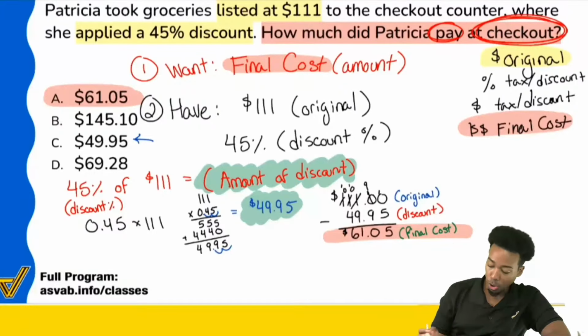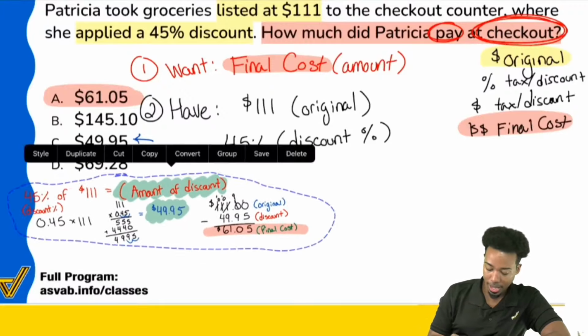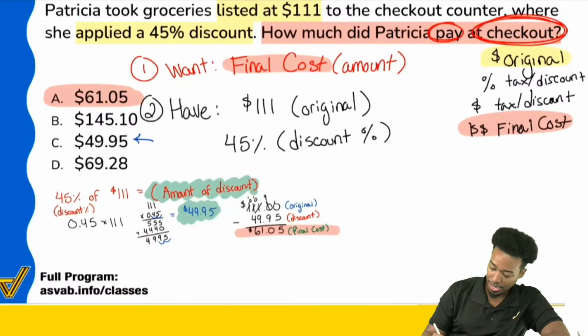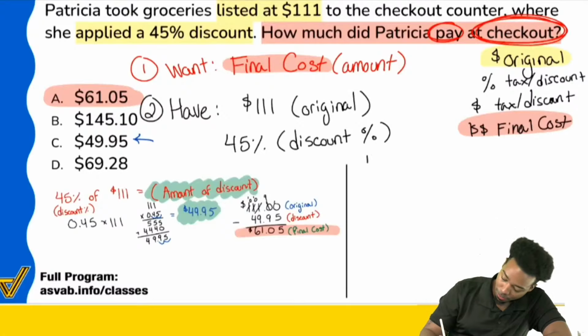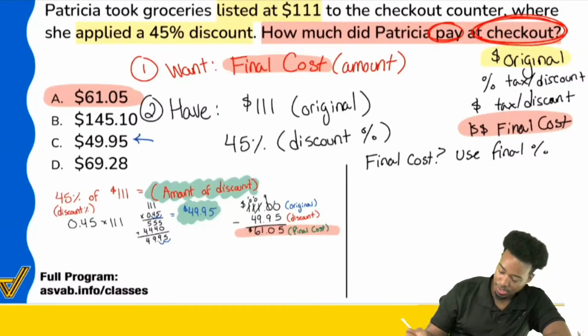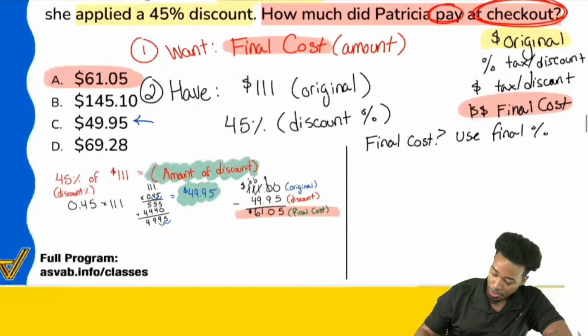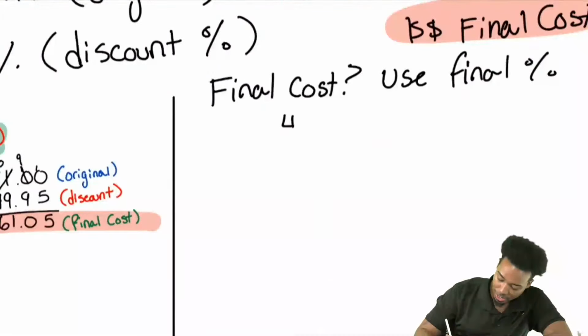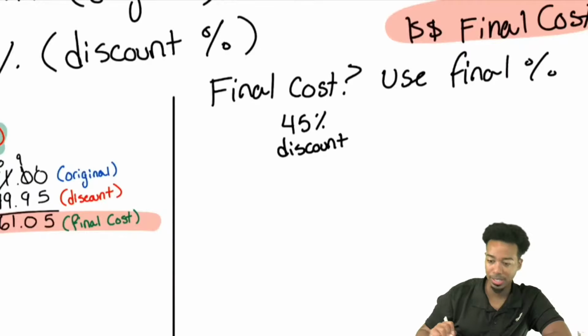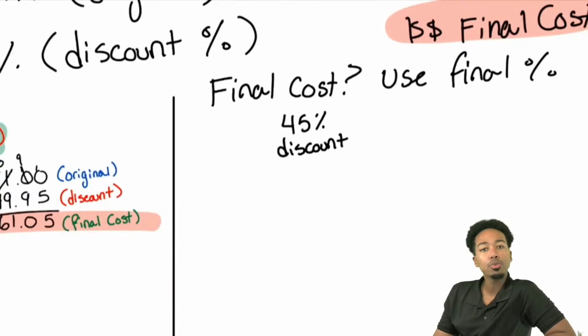So if you wanted to do this correctly in one step, let me show you what you would have done. Since you're looking for the final amount, you need to apply the final percent. So here's how you would have done it in one step. To get the final cost, use the final percent. With a 45% discount, are we adding or subtracting it to 100%?